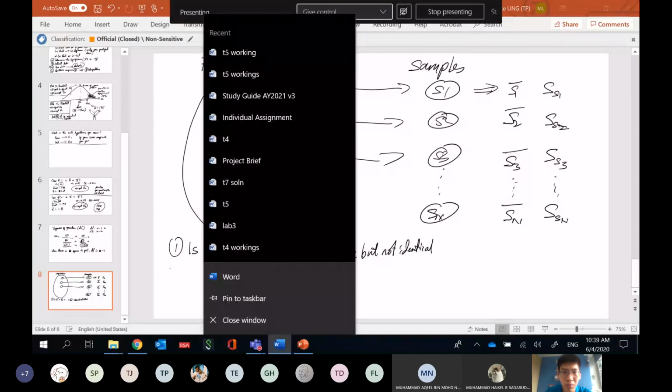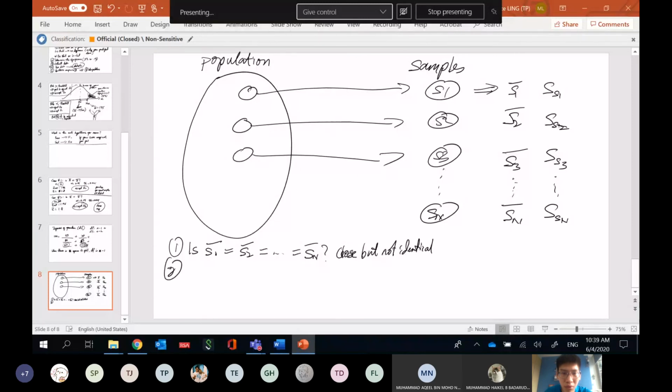Okay, so question number 2 is this. Which one is a better representation of the population average?